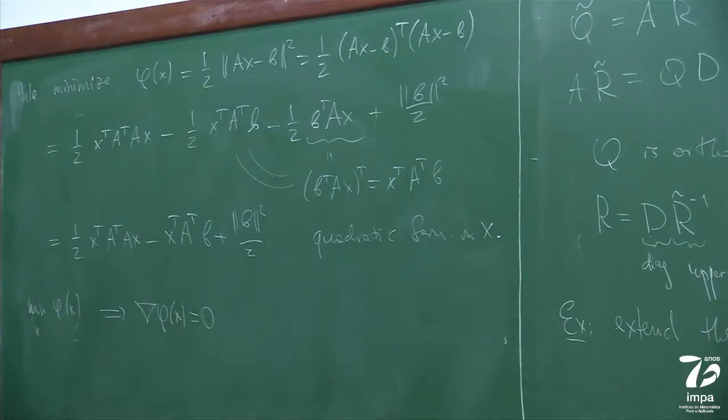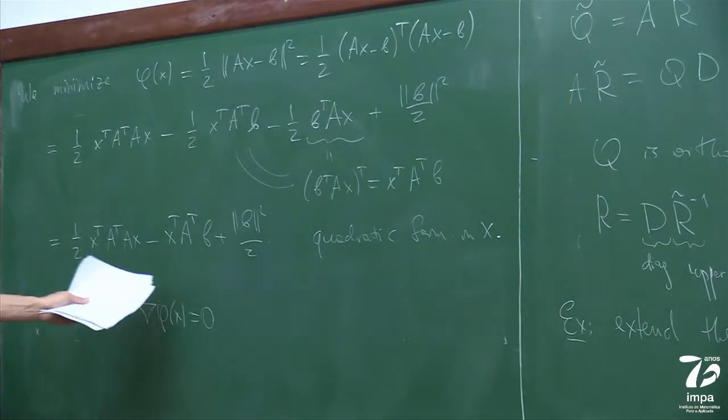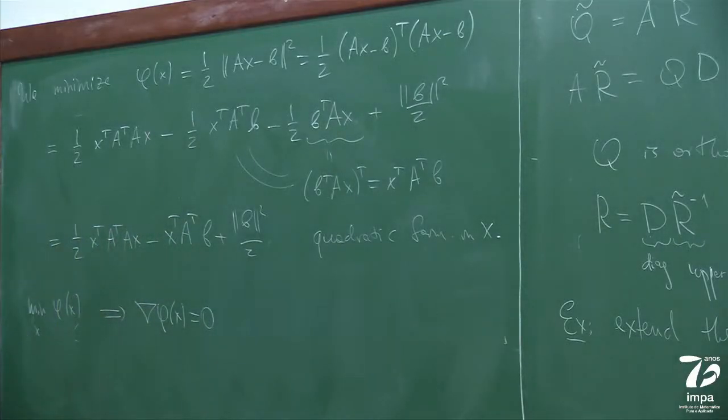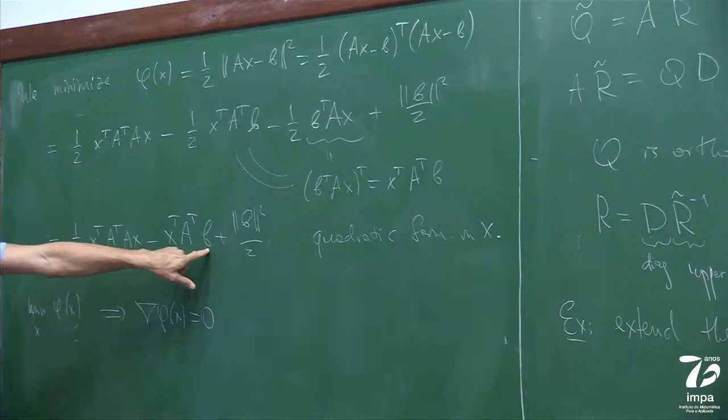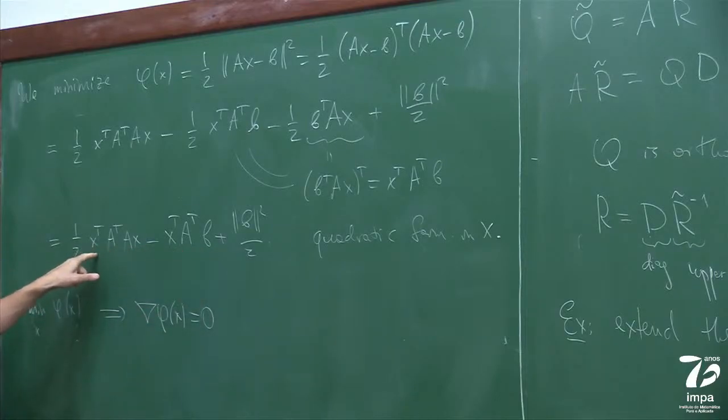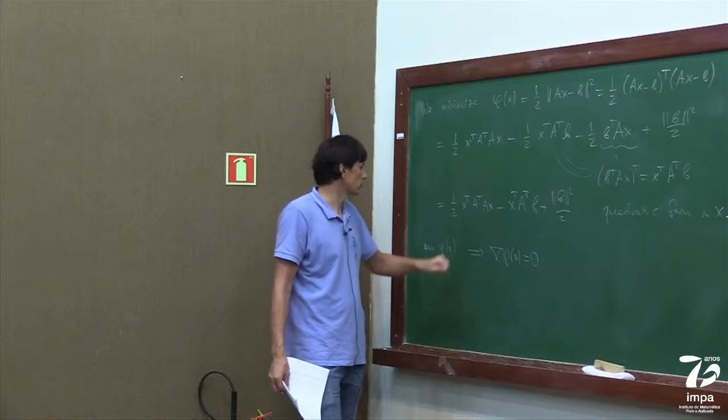Gradient can be computed; it takes a while to understand how. When you compute the gradient of this linear quantity, you just get this vector. And when you take the gradient of this quadratic form, you differentiate it twice, with respect to the first and the last factor, and it gives actually the same result.